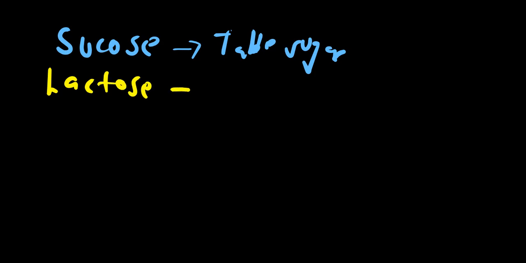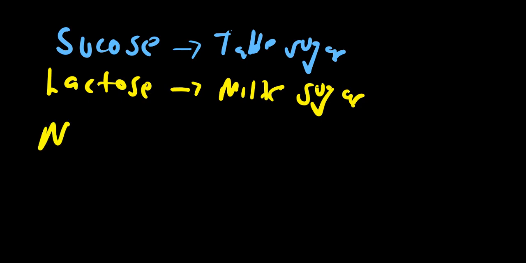Now lactose is also called milk sugar, and we've said it's composed of glucose and galactose. Then we've also talked about maltose. Maltose, we said, is 2 glucose units or molecules.